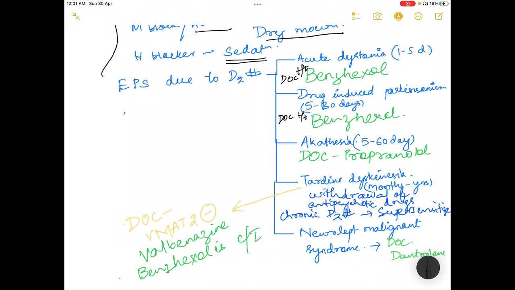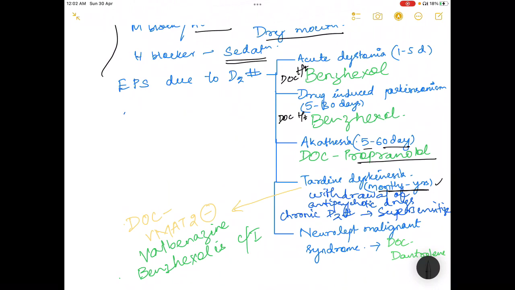Then coming to akathisia, which occurs at 5 to 60 days, the drug of choice is propranolol. Then tardive dyskinesia, which occurs after months to years of antipsychotic use.